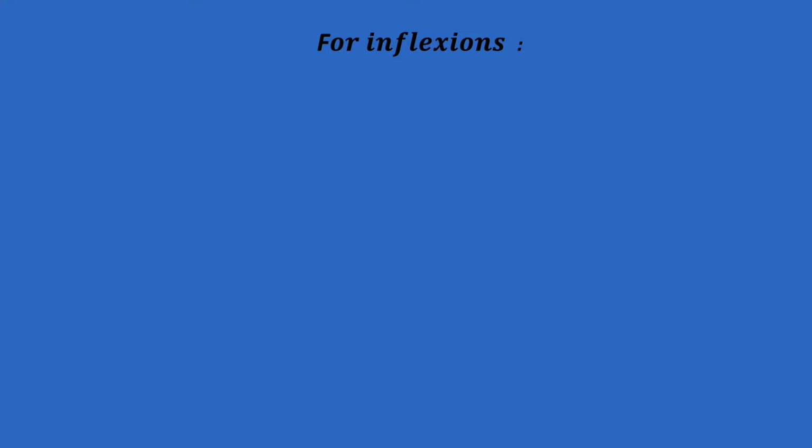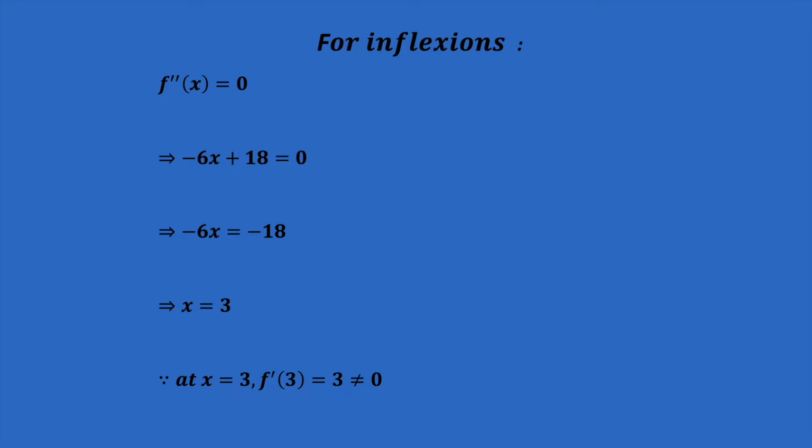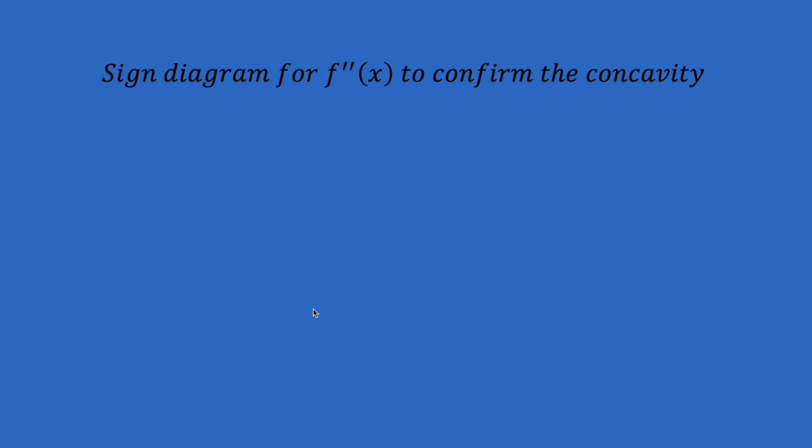Now for inflections, we need to have double derivative. We equate double derivative to 0 and we get the value of x, that is 3. Now we first check that first derivative at 3 is non-zero. And now we can use the sign diagram of double derivative to confirm the concavity.